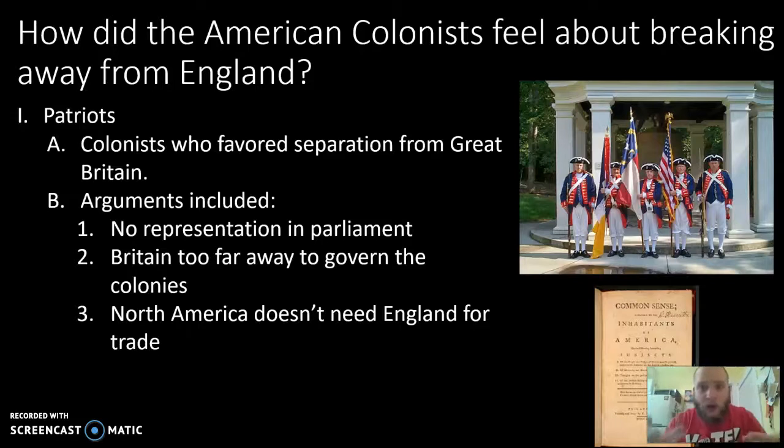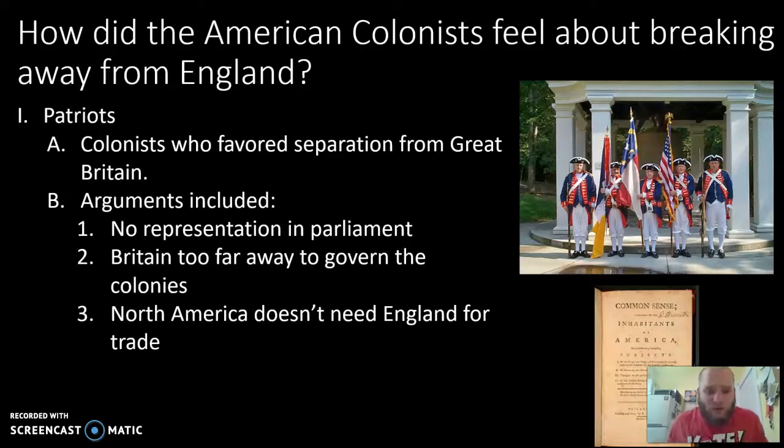If there is a problem in the colonies, you are going to have to send a letter, which is going to take about 4 weeks or whatever to get across the ocean. Parliament's going to discuss it. Let's say hypothetically it's a week if you're lucky. They're going to send a response. That's another 4 weeks. You're looking at over 2 months before England can do anything about any problems that you have. So Britain was too far away, especially at that time, to govern these colonies.